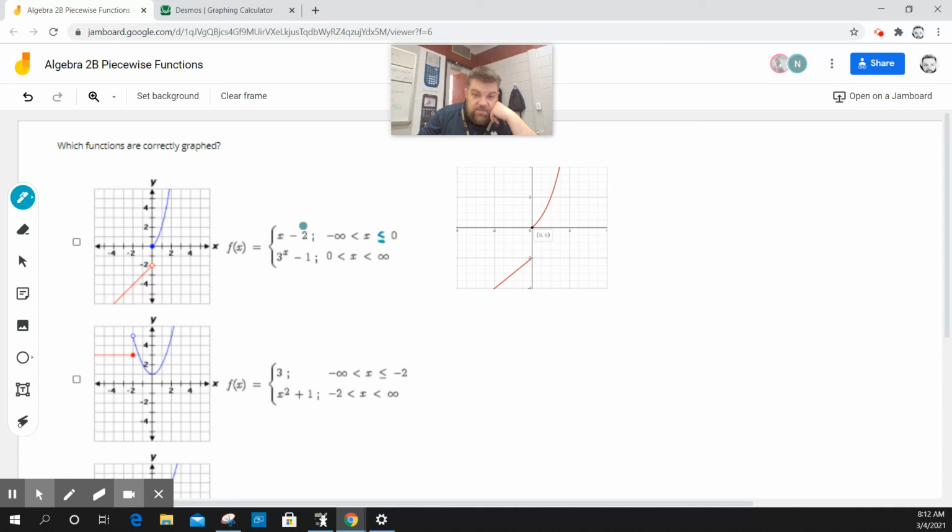So it's going to be defined down here. That's going to have the closed circle because I have that equal symbol, which means I'm including that. Now here I don't have that symbol. There's no equal sign.